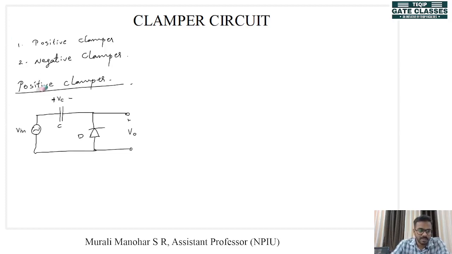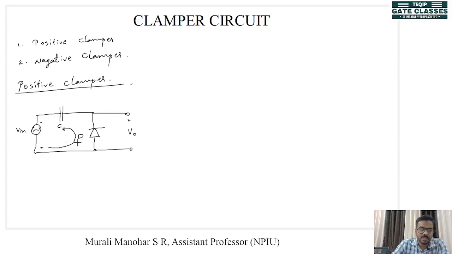So during the negative half cycle, we know that this point is more positive compared to this point. So this diode will be forward biased, and when the diode is forward biased, this capacitor will get charged. So the charging direction will be like this.